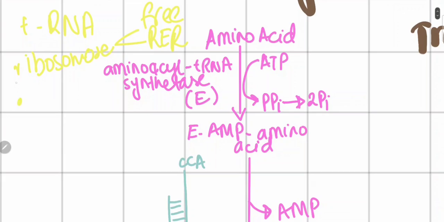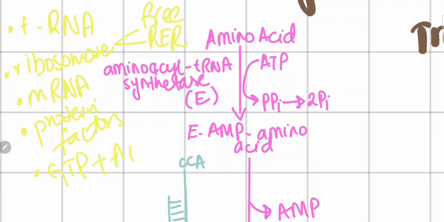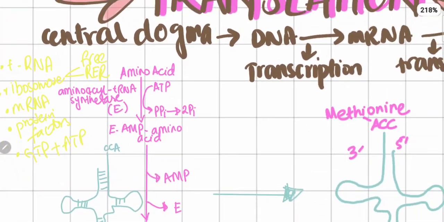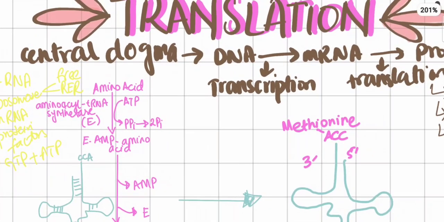And we also need messenger RNA. We need a lot of protein factors. And we need energy. We need GTP and we need ATP. Right? So all of this stuff we need for translation to occur smoothly.